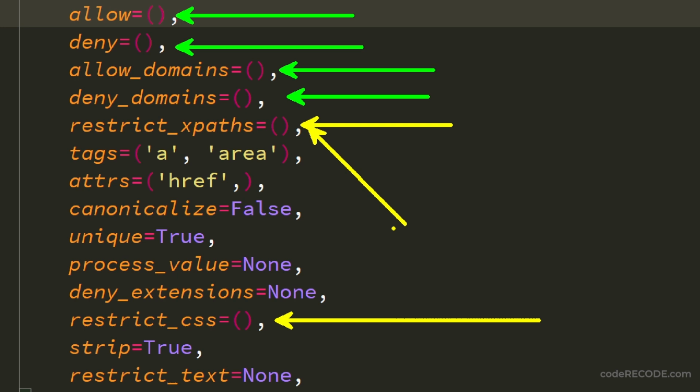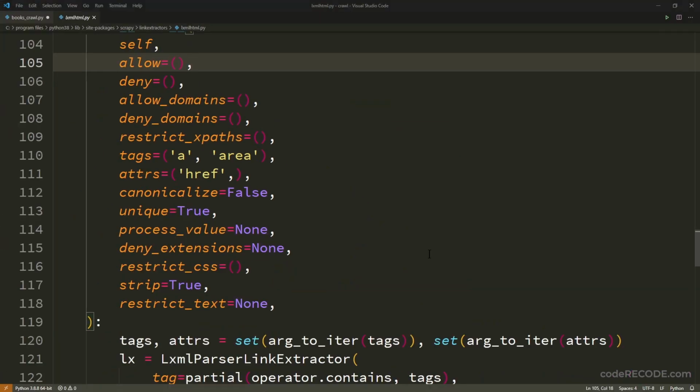So your links will be matched with that XPath expression and only those links will be extracted. So if you are passing CSS, only the links which match with that CSS selector will be kept, everything else will be discarded. So right now it is not very clear in theory, so let's go to the actual implementation and have a look.